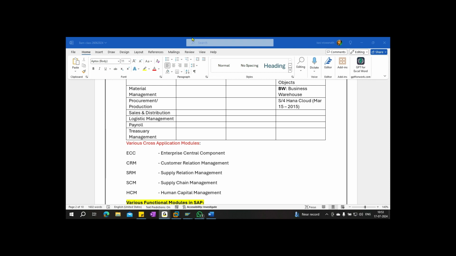SCM, Supply Chain Management. HCM, Human Capital Management. I repeat: ECC, Enterprise Central Component. CRM, Customer Relation Management. SRM, Supply Relation Management. SCM, Supply Chain Management. HCM, Human Capital Management.